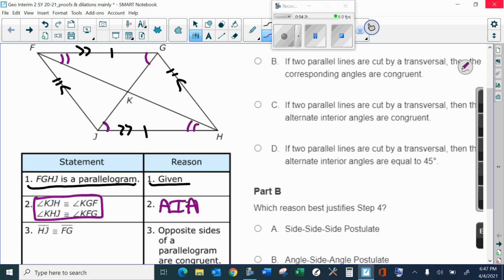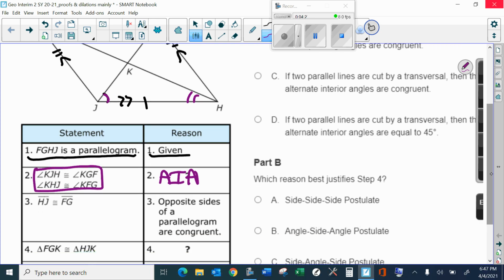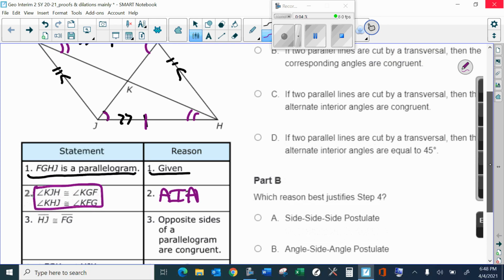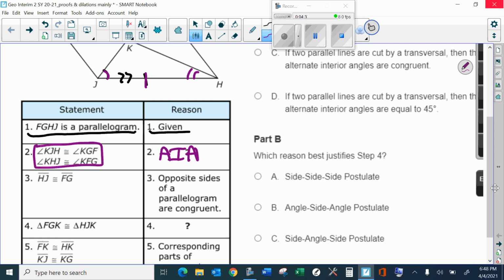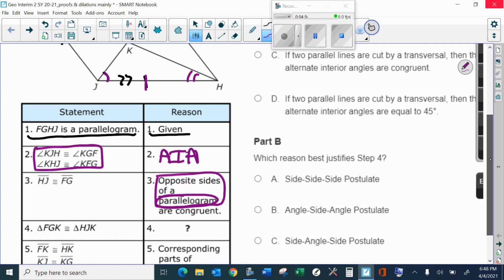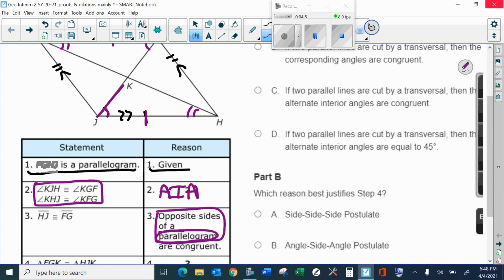Okay, well now I should be able to see already, which now they've gone ahead, as you see in the next step, written HJ, this side right here, is congruent to FG, which we've already got marked. And of course, what's it say? Opposite sides of a parallelogram are congruent, because it's one of the characteristics of a parallelogram. Remember, we were given the parallelogram is true. So then what is that characteristic? Opposite sides of a parallelogram are congruent. So now I should be able to see right away that in this triangle right here, I already have that triangle.